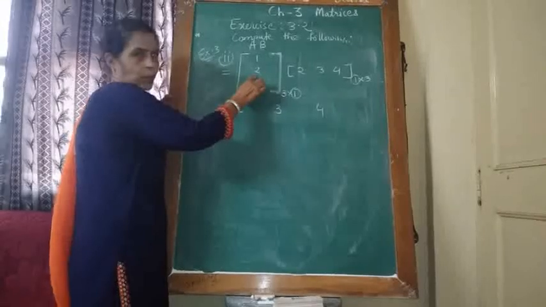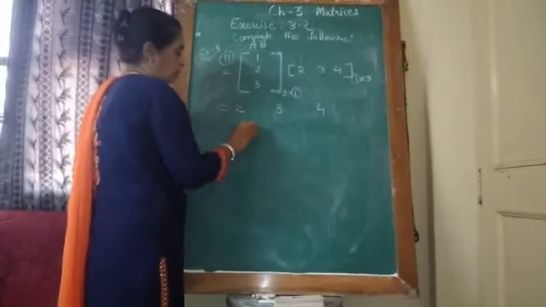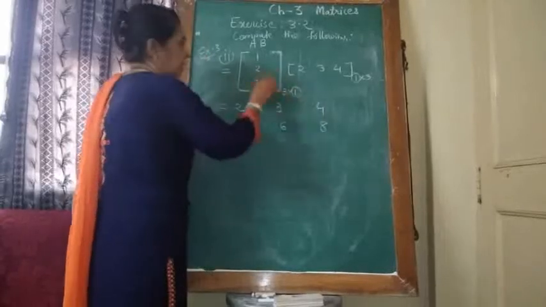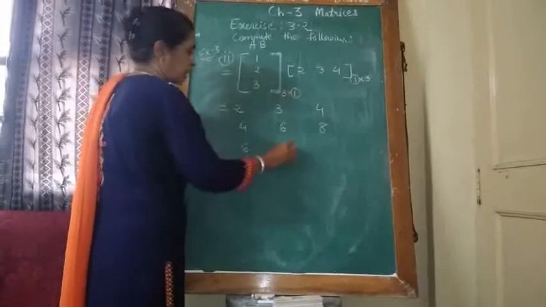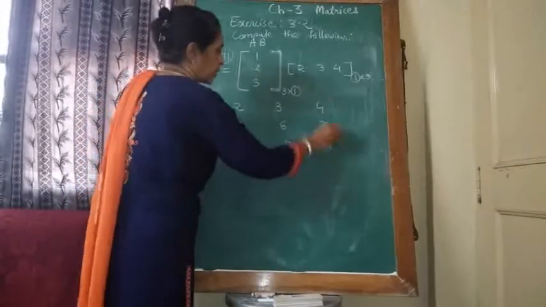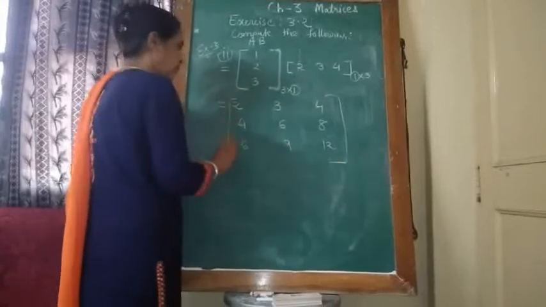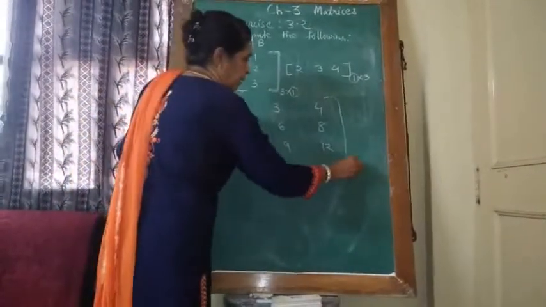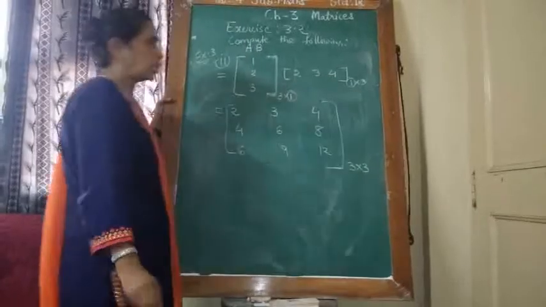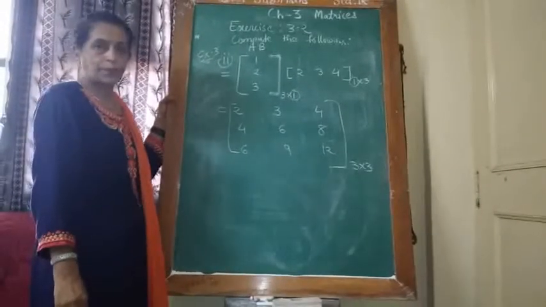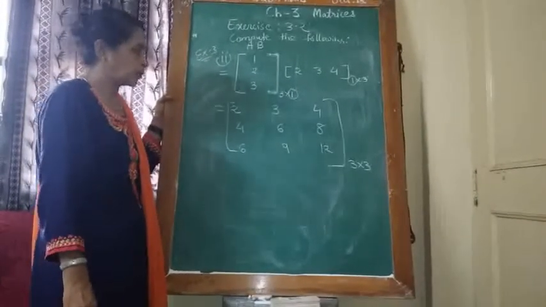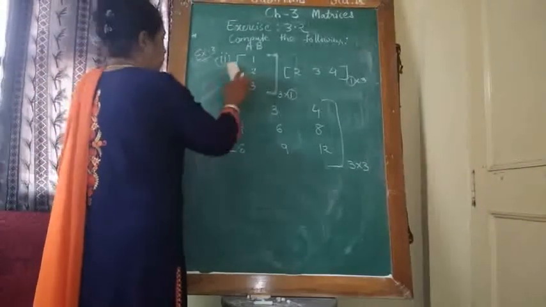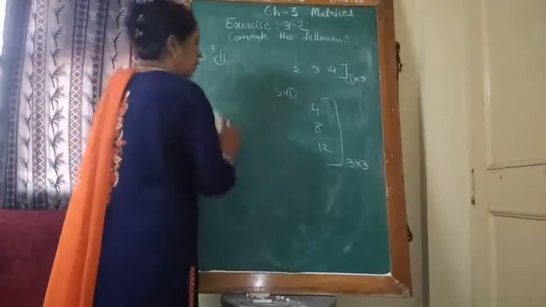Now the second row: 2 2 ja 4, 2 3 ja 6, 2 4 ja 8, then 3 2 ja 6, 3 3 ja 9, 3 4 ja 12. This way I have completed the product of two matrices, and this is also a 3 cross 3 matrix. Now we shall do the third one.